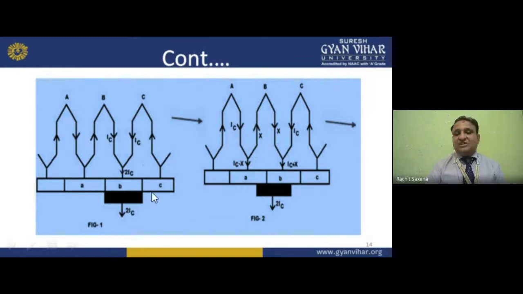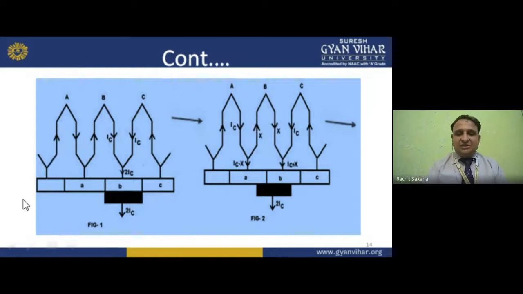Means brushes are shifting. See here. What I want to show you is that brushes are moving. When the rotor is moving like this, the brushes are placed like this. If the rotor is moving like this, the brushes will move like this. So the rotor and brush are moving like this simultaneously. I hope you understand.